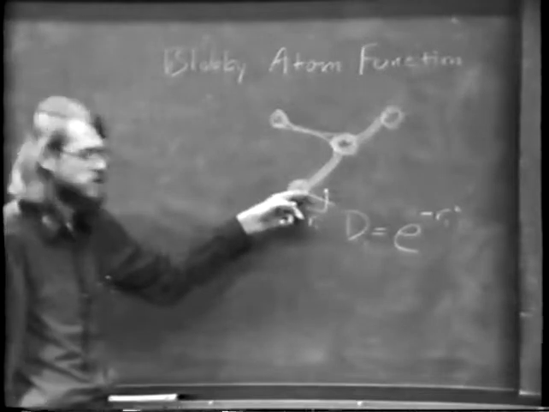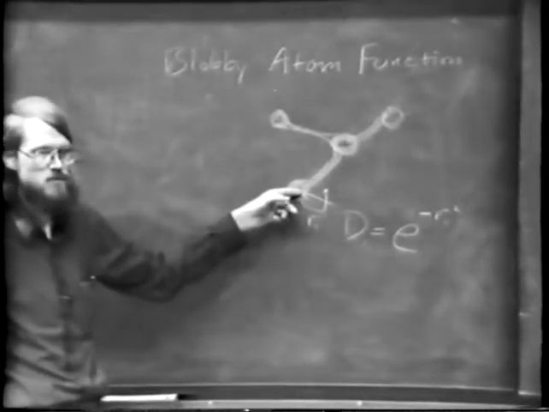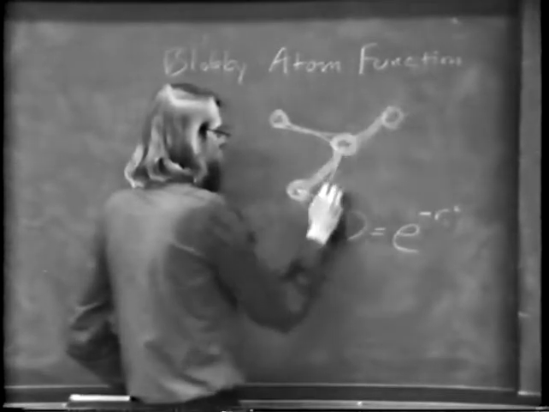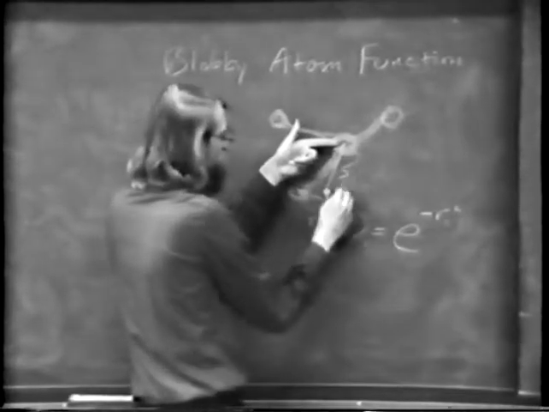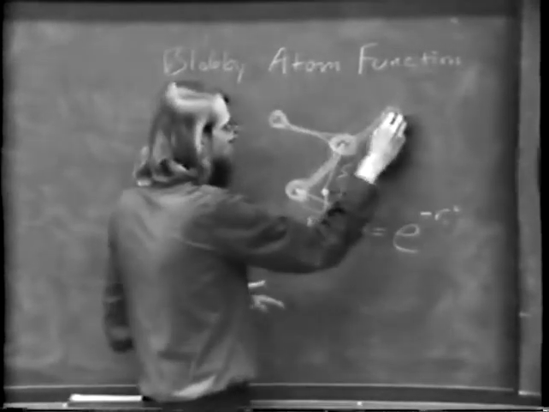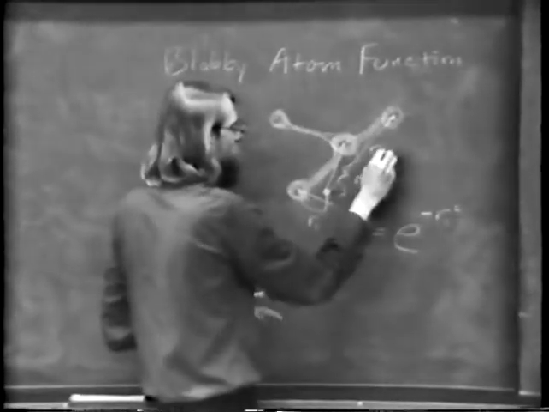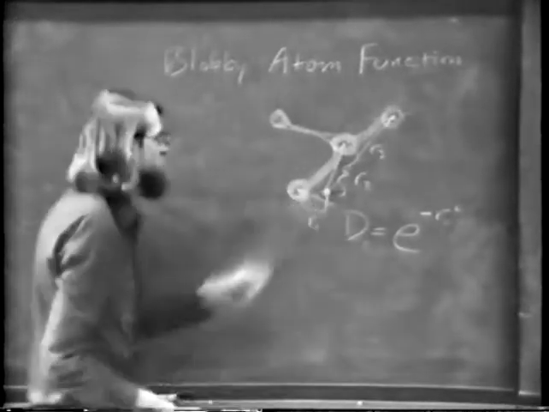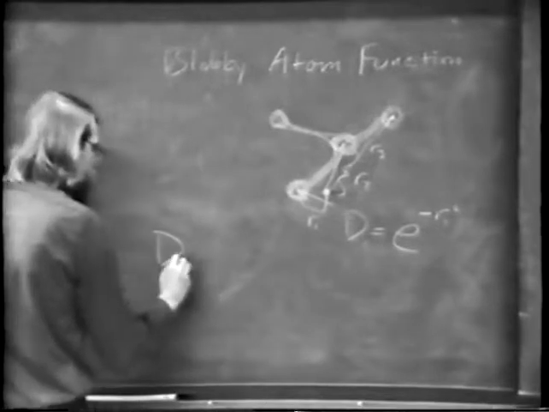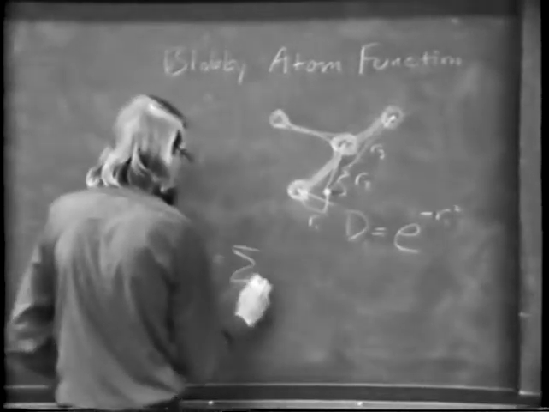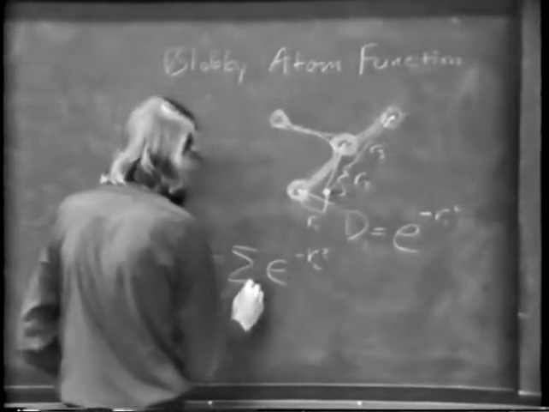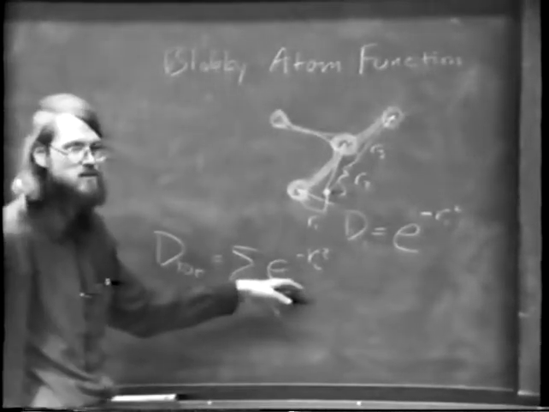That's the amount of density that this particular atom contributes for electrons at this point. The amount of density that that atom contributes is e to the minus r2 squared, and the amount of density that that atom contributes is e to the minus r3 squared, and so forth. So the total electron density at this particular point in space is the sum of all these Gaussian bumps, basically, right?